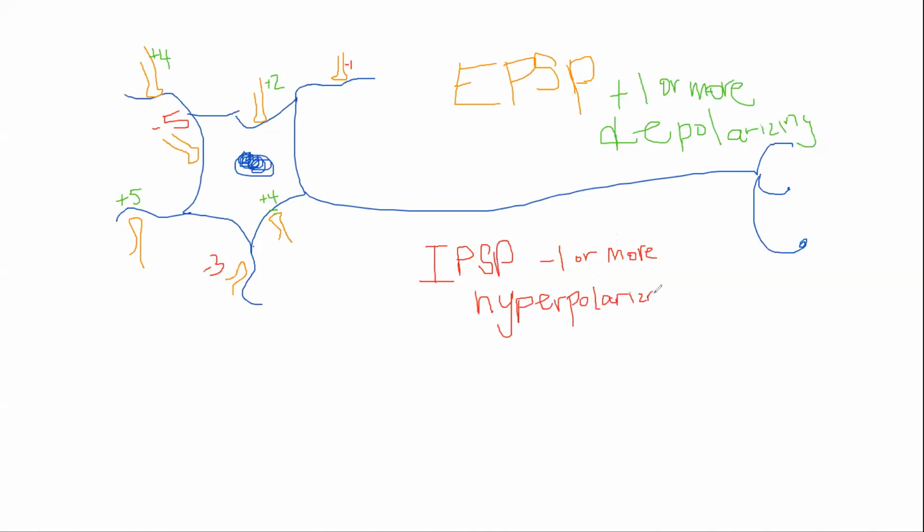This is going to make it less likely to fire, so let's put that in here. Less likely to fire. In other words, make an action potential. So I'm not going to get an action potential as much.